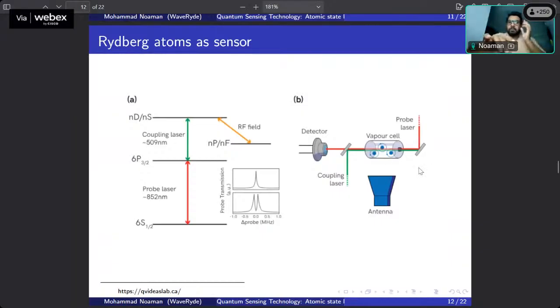So the laser probe is going through the vapor cell, and the detector is just a light detector. It's not detecting the radio frequency. The radio frequency is being detected by the atoms. The light is only addressing those atoms. That's the answer.